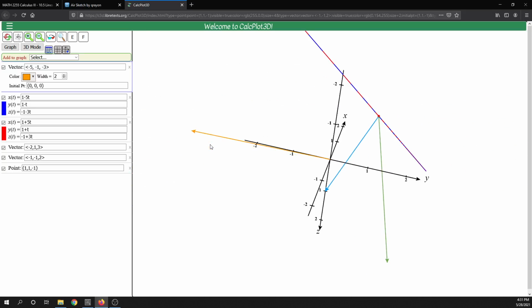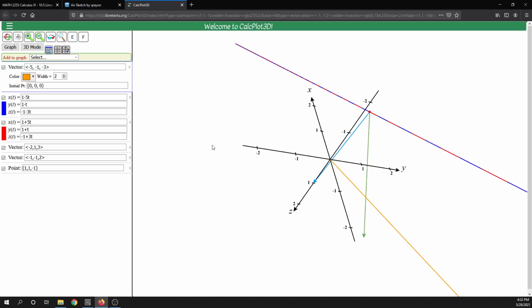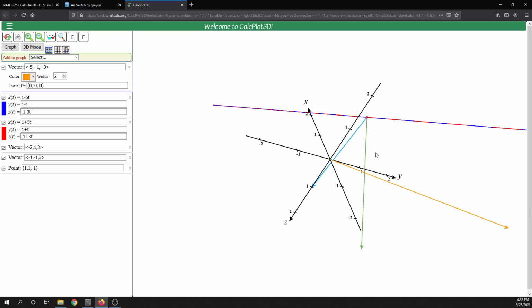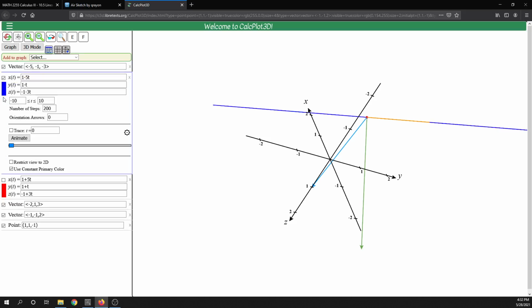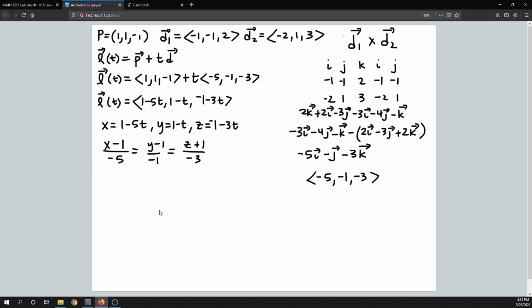So there's the cross product. You can see that it is orthogonal to both of these vectors, the red one and the green one. And if I draw it with the point P as the initial point, you can see that it is going to point right in the direction of that line there. Okay. All right, and so that is it on that problem.